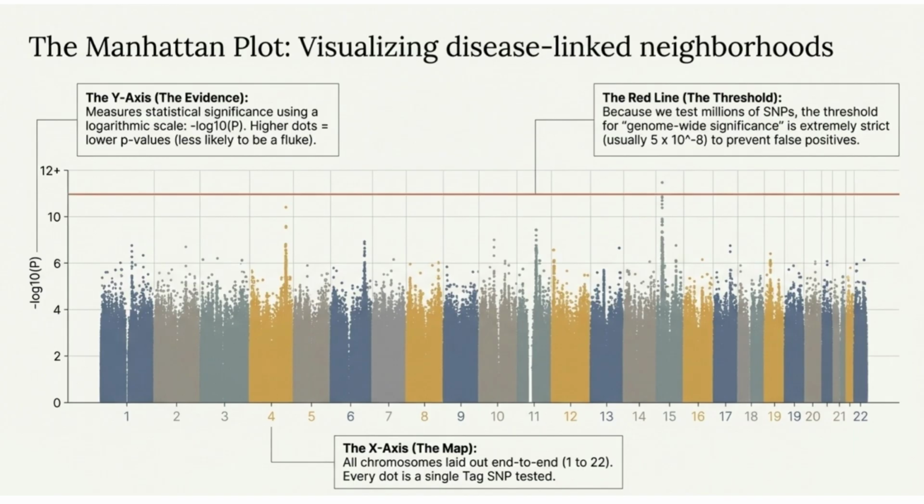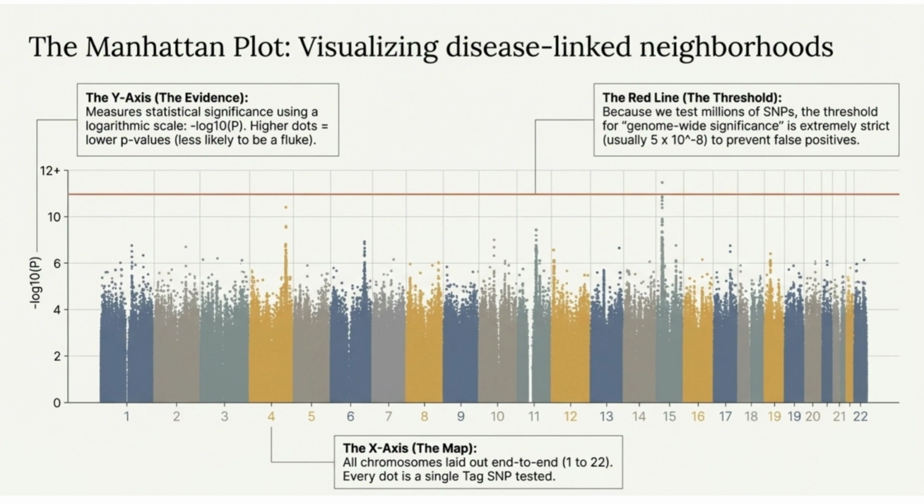This is it. This is the iconic result. It's called a Manhattan plot, and you can totally see why it looks like a city skyline. So, the x-axis along the bottom, that's our map, all our chromosomes laid out one after another.